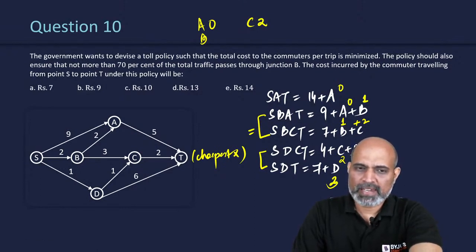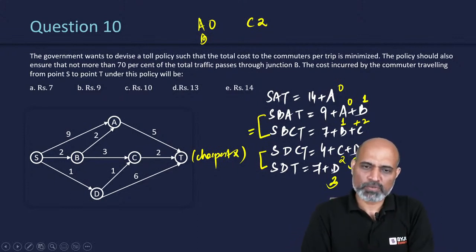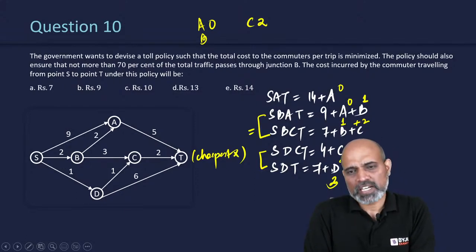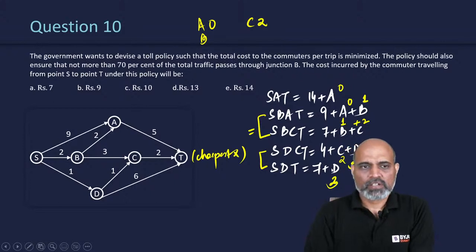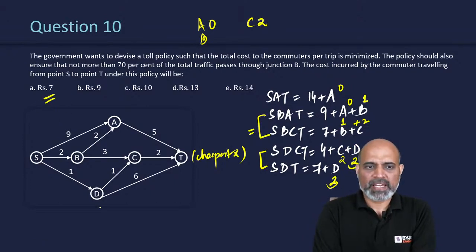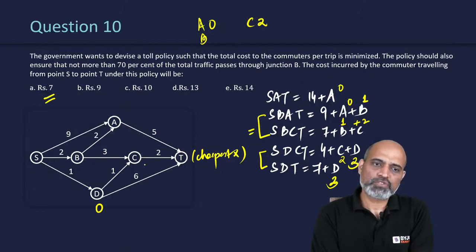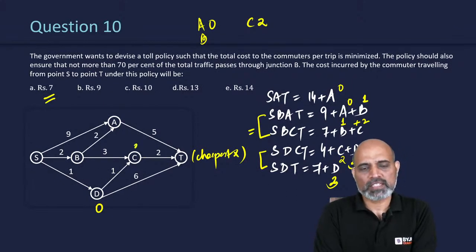Hold on. Can we have 9? That's what we want. Can we have SDCT to be 9 so that not more than 70% of the total traffic goes from there, right? चलो start करते हैं. To make it as 7, this is going to be 7. This is so far 4. 4 के साथ ये 3 कर देते हैं.